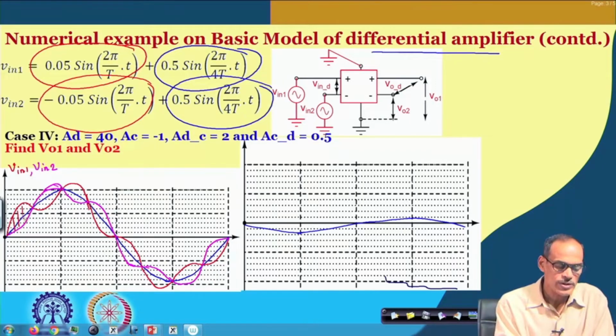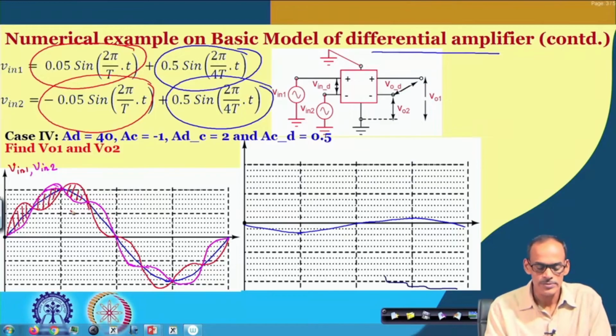Namely, if we consider the two input signals, the shaded portion is the differential signal, and the blue line here is the common mode unwanted signal, and this is what we expect at the outputs VO1 and VO2.